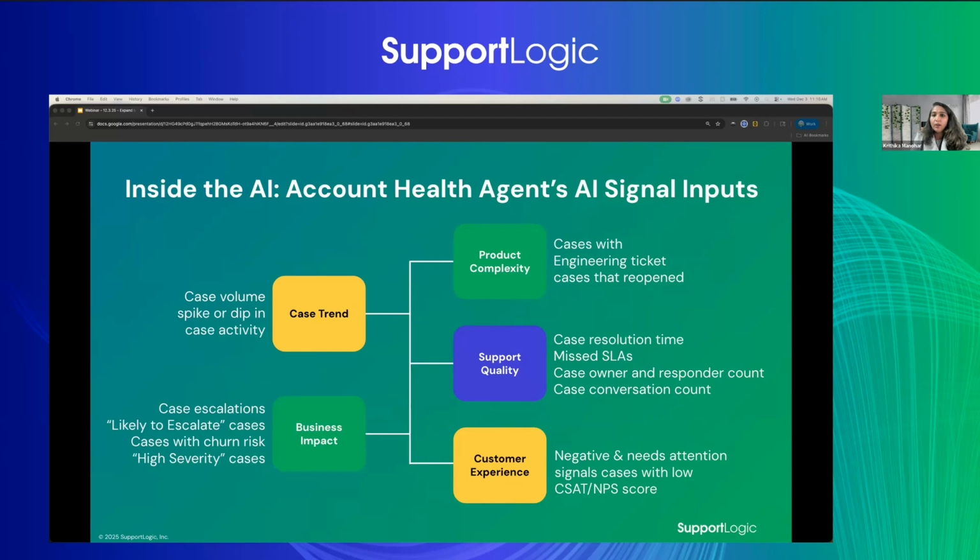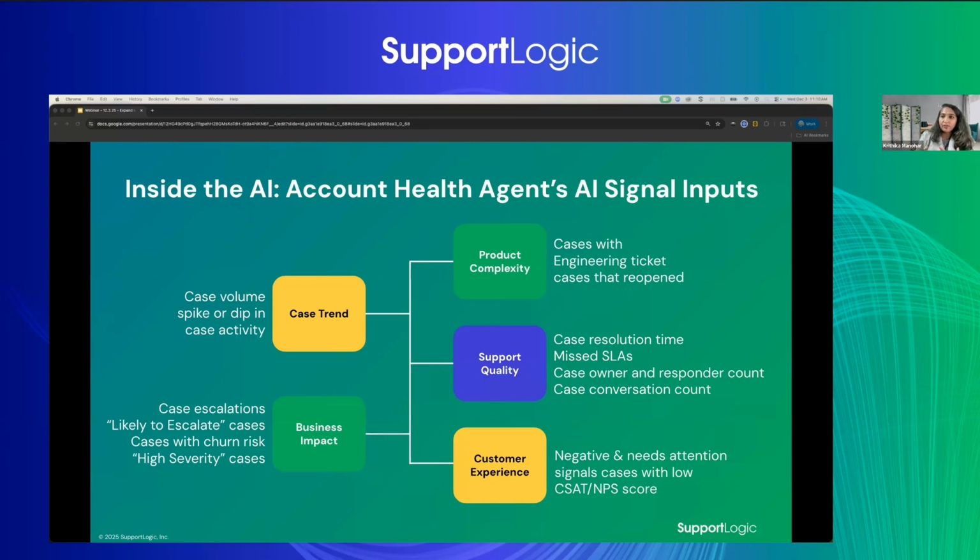All right. Now, what does the account health agent do? It essentially builds a score for you called an account health score. A high account health score essentially means that the health of your account is good. A low health score means it could use some love and care. Now, what does a high account health score mean? It means that there's a lot of positive engagement going on.